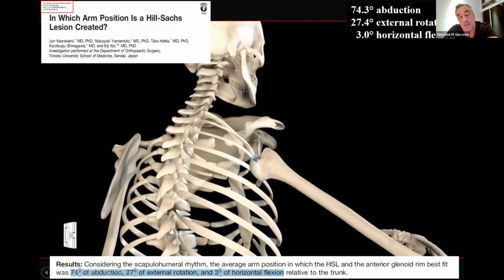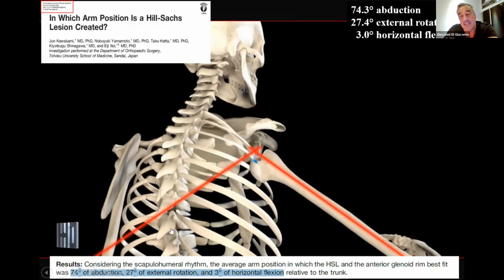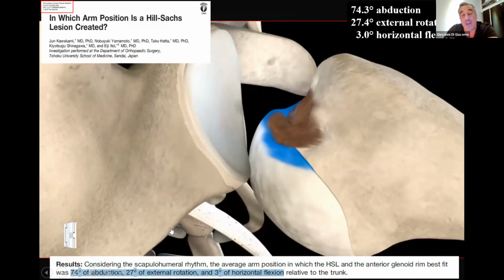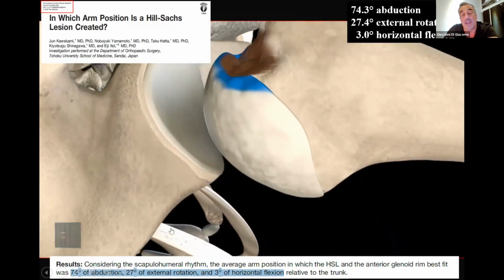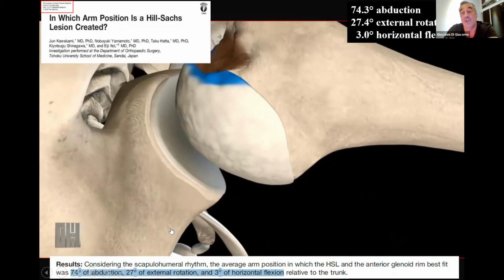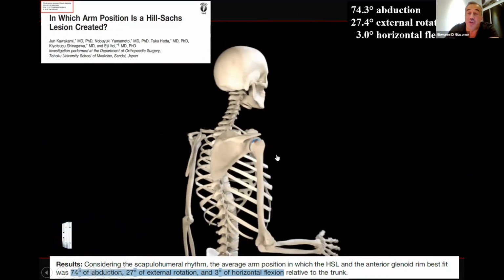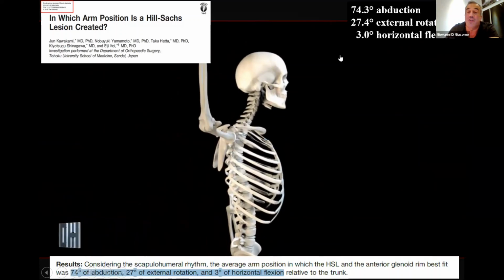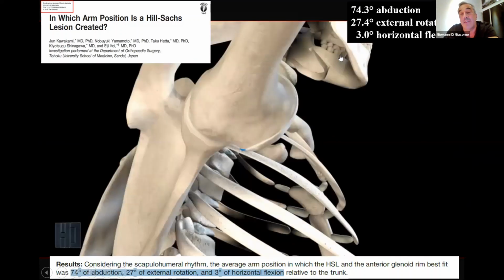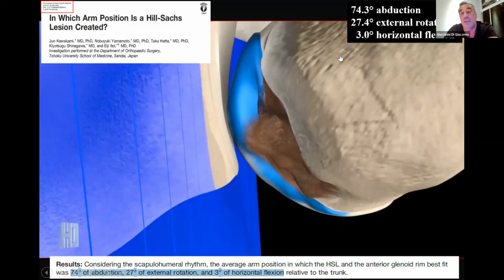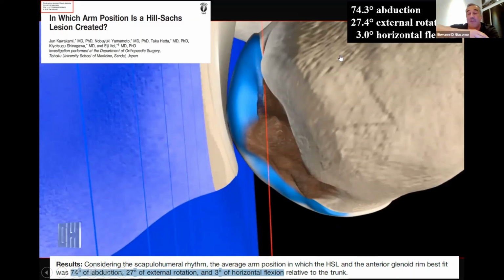If you ask when the Hill-Sachs is created, the Hill-Sachs is created immediately after the dislocation, and Bankart has shown that the severity of the Hill-Sachs is related to the time the shoulder is dislocated. And Itoi did this study and showed that the Hill-Sachs is created when the humerus is at 74 degrees of abduction, 27 degrees of external rotation, 3 degrees of extension.